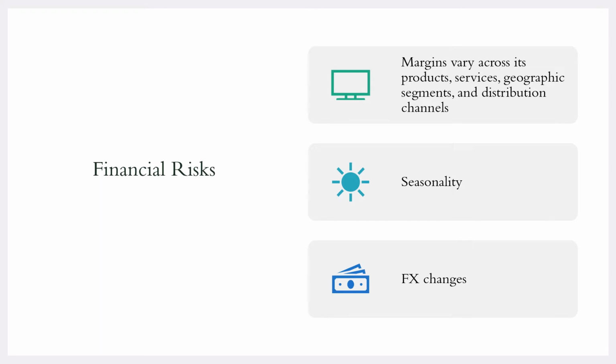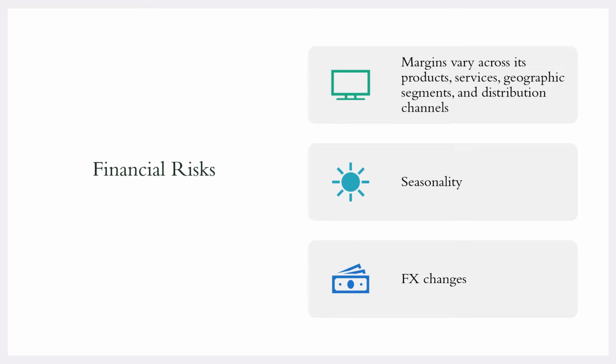Conversely, if foreign currencies strengthen against the dollar, while generally beneficial to the company's foreign currency denominated sales and earnings, it could cause the company to reduce its international pricing and incur losses on foreign currency derivative instruments, limiting the benefit.